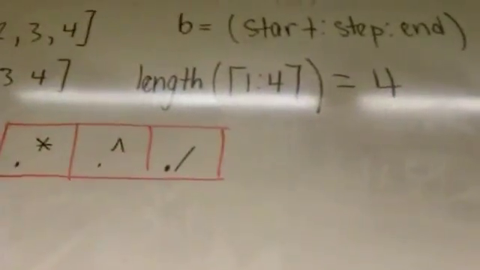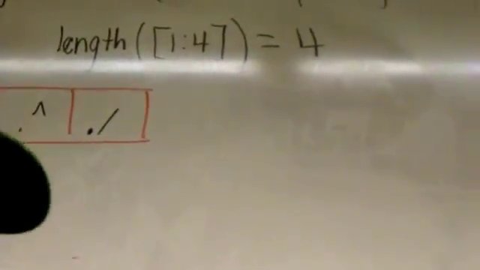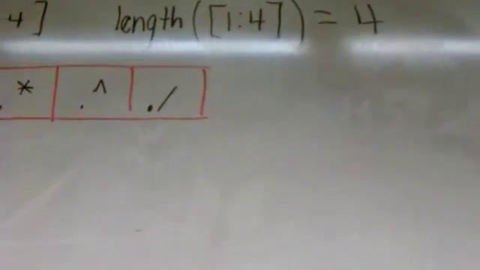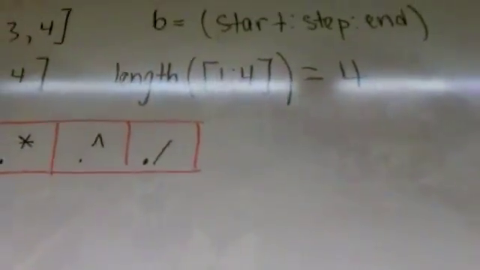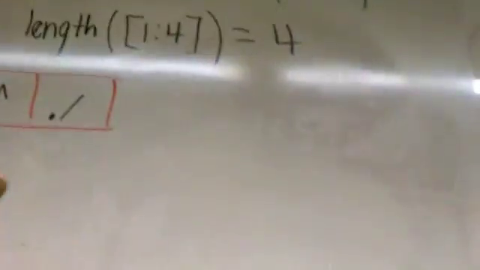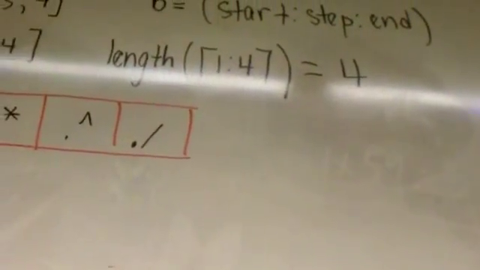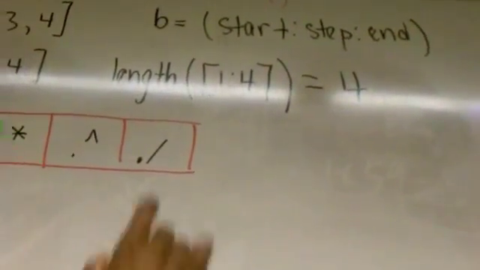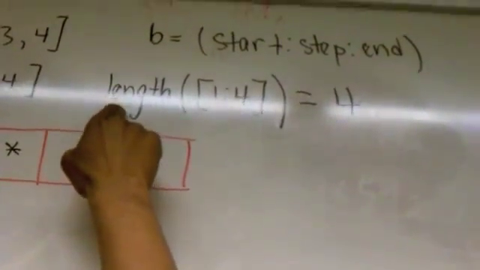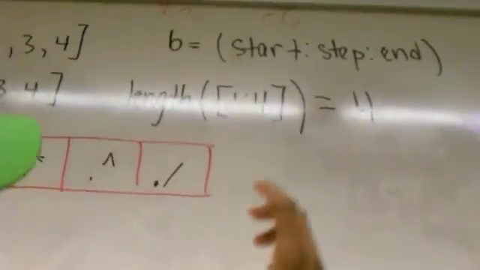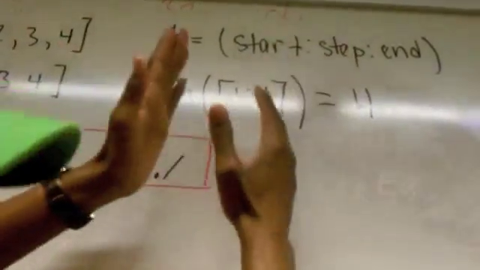Let's say you wanted to get the length of any vector, basically how long that vector is, or how many inputs are inside of that vector. You use the function that's already inside of MATLAB. It's a built-in function called length. You write LENGTH, parentheses, and then on the inside you put your vector.